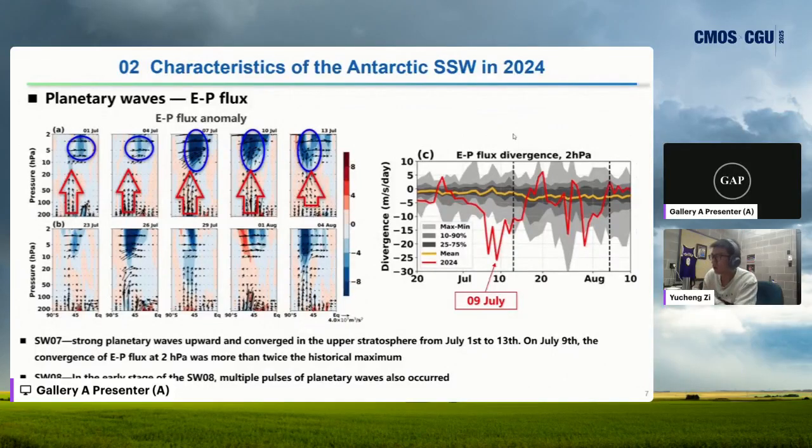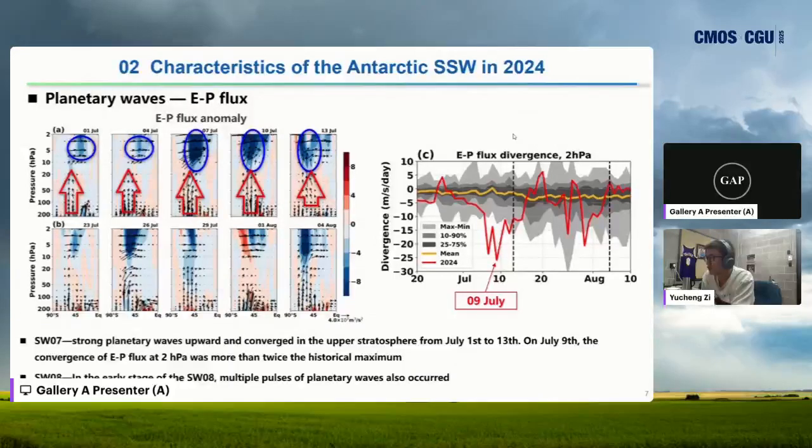As we all know, the planetary wave is the main cause of the SSW, so we use the EP flux to diagnose the planetary wave. The left panel is the EP flux and its convergence anomaly, and panel C is the EP flux divergence at 2 millibar.